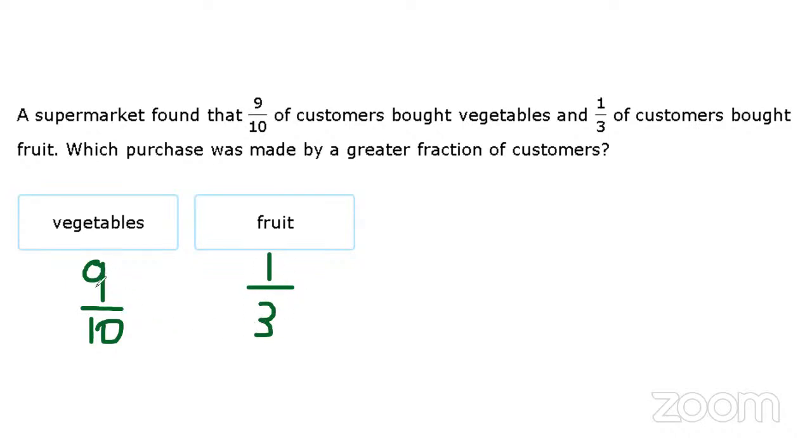Once we're able to get 9/10 and 1/3 from the same amount of equal parts, we will be able to discover the equivalent fractions.